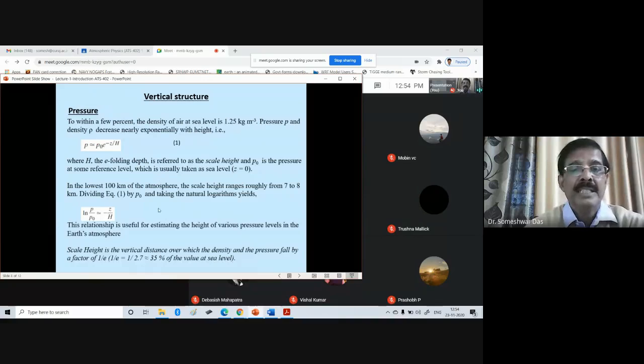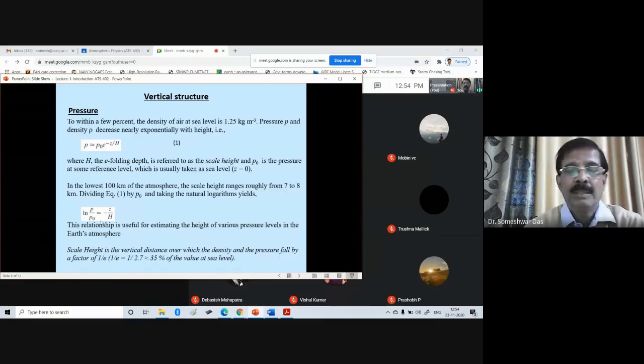This relationship is useful for estimating the height of various pressure levels in the Earth's atmosphere. So if you have to calculate the height of various pressure levels, you can calculate that from this relationship.